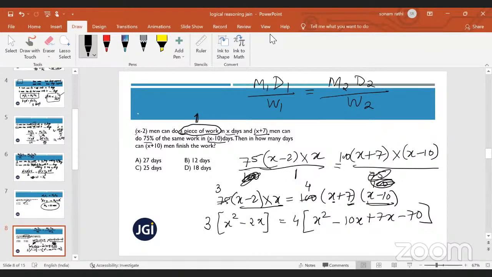Because work can do a piece of work. So 1 and the same of the 75%. So earlier it was 1 and now it is 75% of the 1. You sure, Azim? X is 20. You sure about it? Okay. All of you, rest of you, please solve this question.